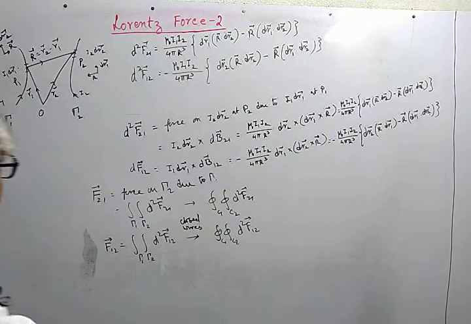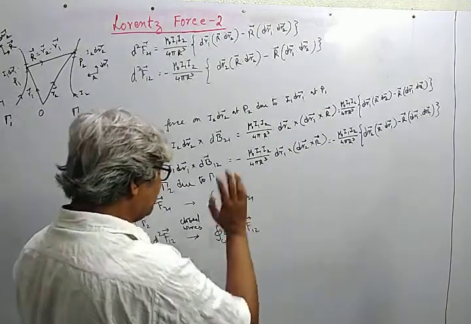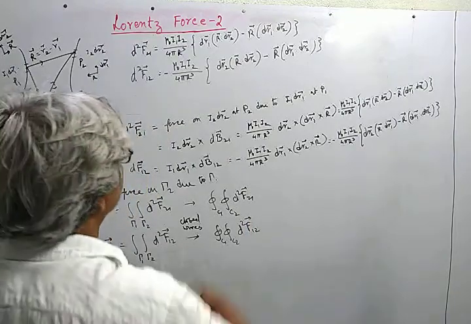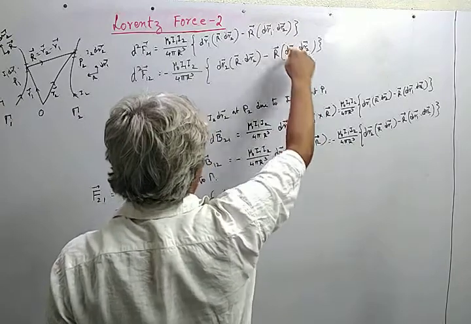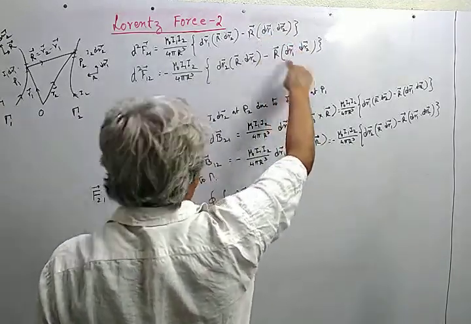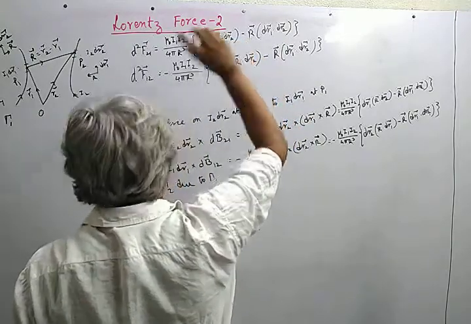So if we want to find out the total force, then we must integrate over both the contours, in which case you find that these two are equal and opposite, and we do not bother about this term. Rather, we want to examine what happens to these two terms.